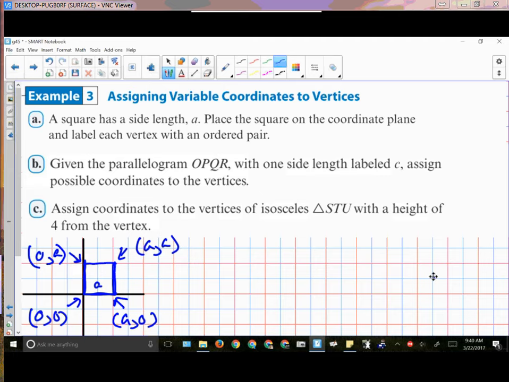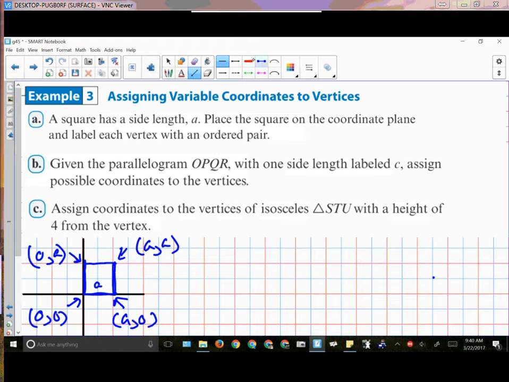I don't care what A is. All I need to know is if placing it like this, I would have it. Now, could I go through and actually draw a square out, putting it in the origin in the center? Yes, but it makes for a more complicated system if I do it that way.